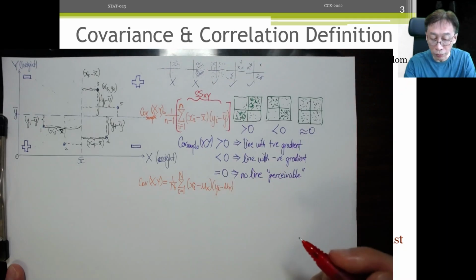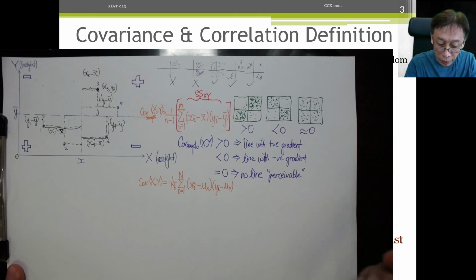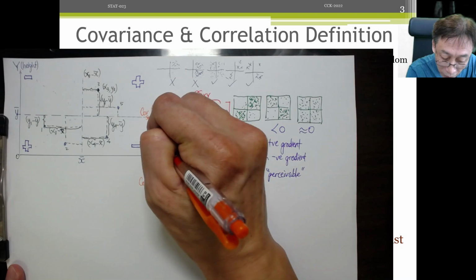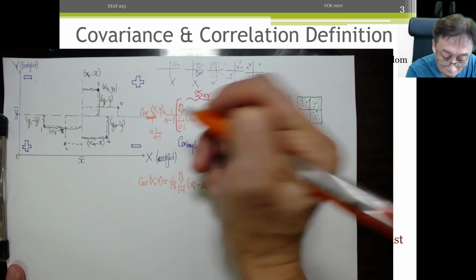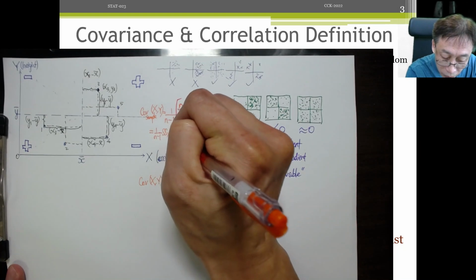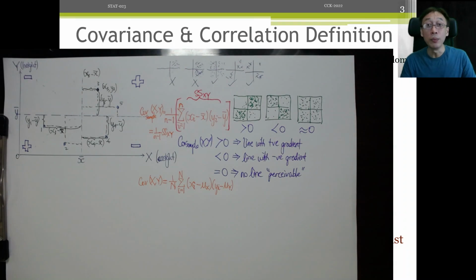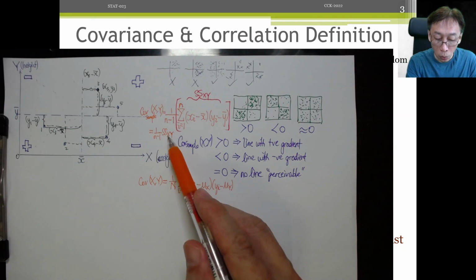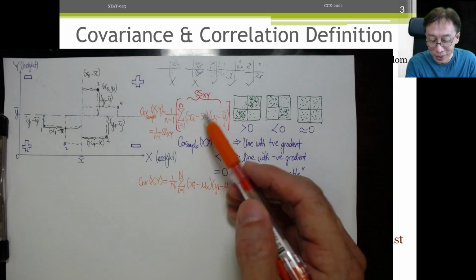If you allow us to define it that way, then we can rewrite this covariance for sample as 1 over n minus 1 of SSXY. That's just a shorthand, but it's incredibly useful because it allows us to see the whole structure very clearly. And of course, we need to remember SSXY is this.